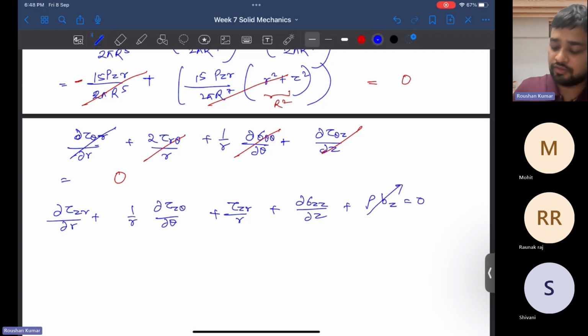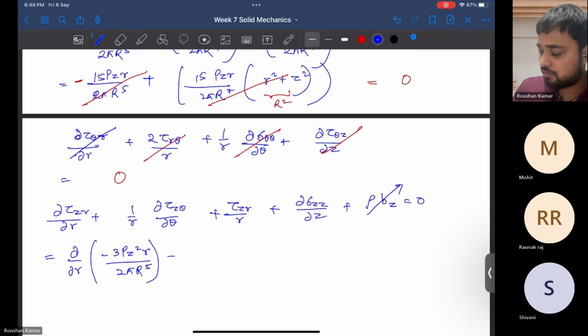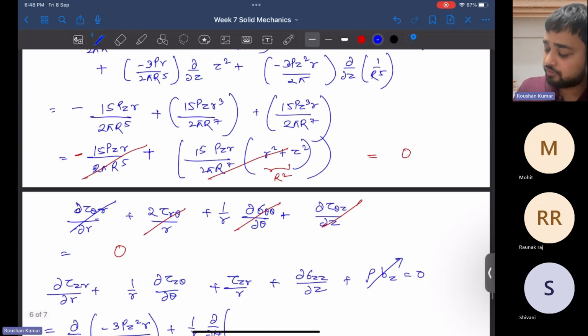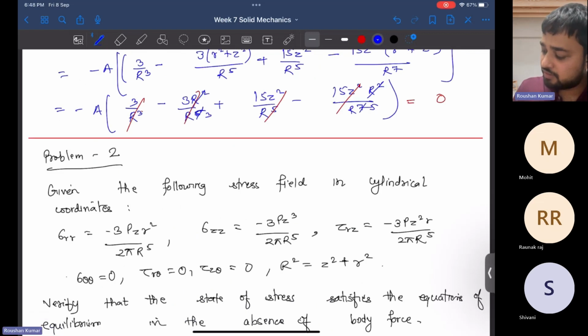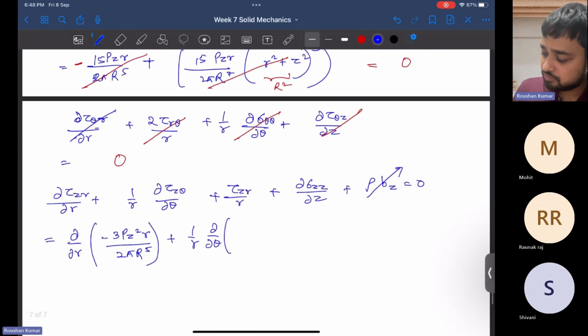Because there is no body force, this is 0. So this will become del by del r of tau zr, and tau zr is minus 3p z square r upon 2 pi r to the power 5, plus 1 by r del by del theta of tau z theta. And what is tau z theta? If you see in the question, tau z theta is 0, so this term will cancel out.